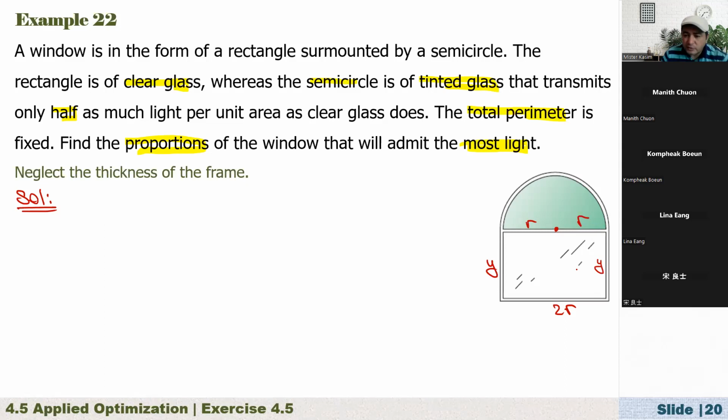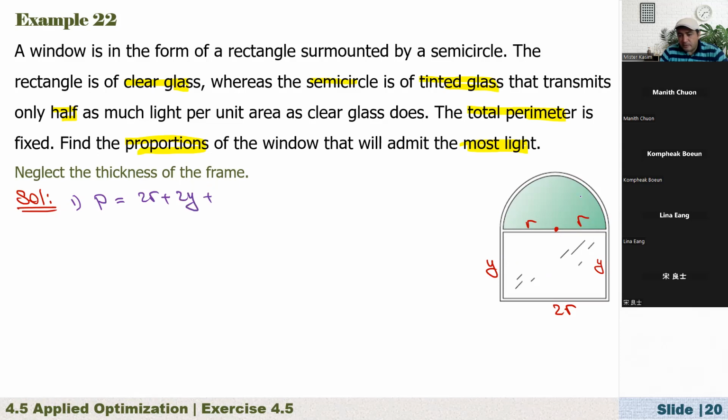The question is saying that the perimeter is fixed. What does it mean? The perimeter is the length of the boundary. The length of the boundary is 2R, the bottom, and 2 sides of the rectangle, 2Y.